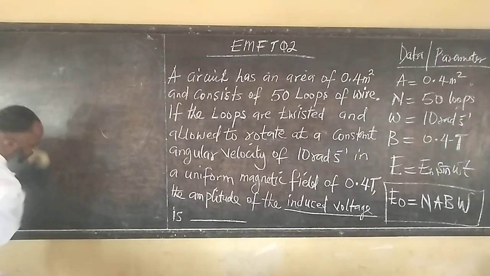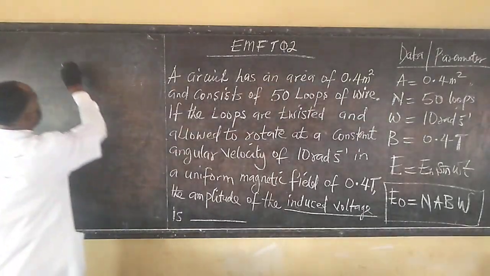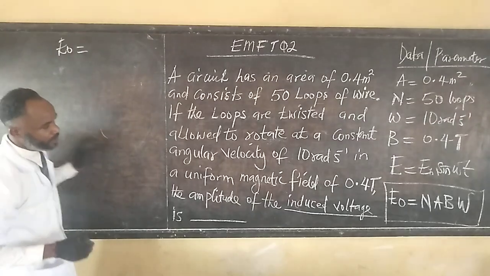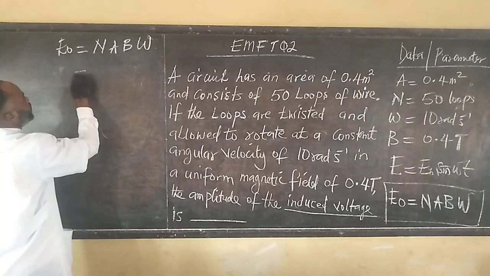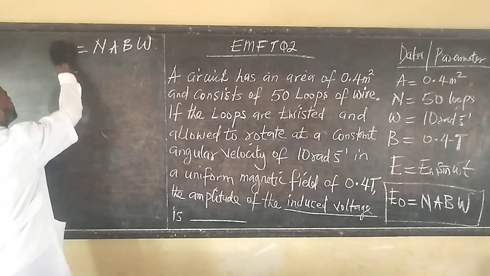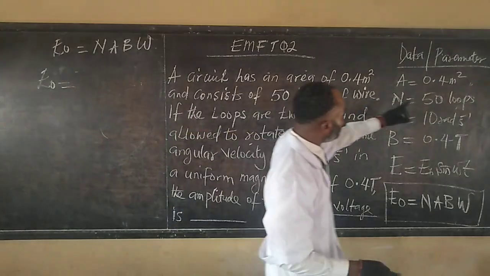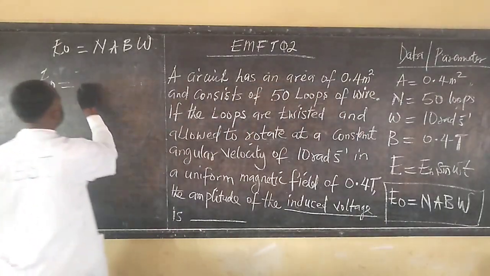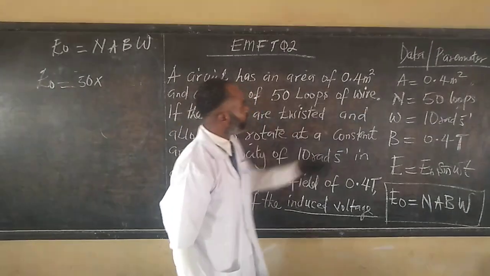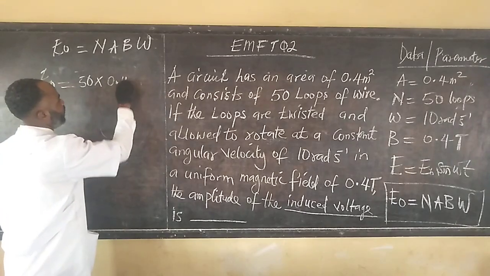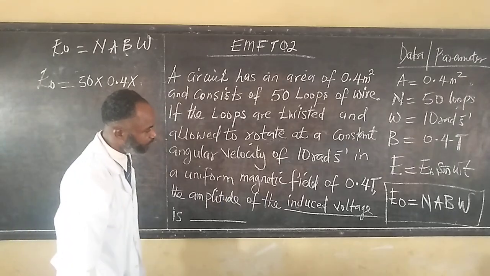So we are calculating the induced voltage, E naught. E naught is equal to N, A, B, and omega. Take enough space. For N, we have how many? 50 loops, so we have 50 for N. For area, we have 0.4. For the magnetic field, we have 0.4 again.